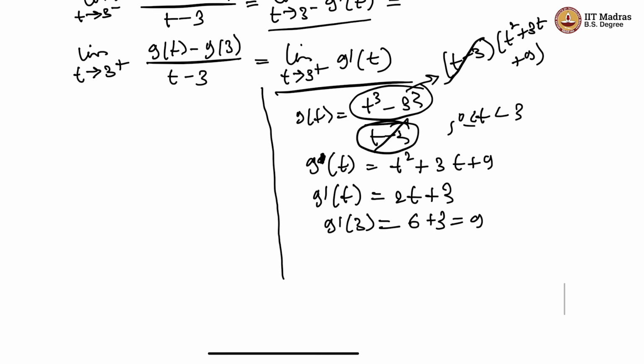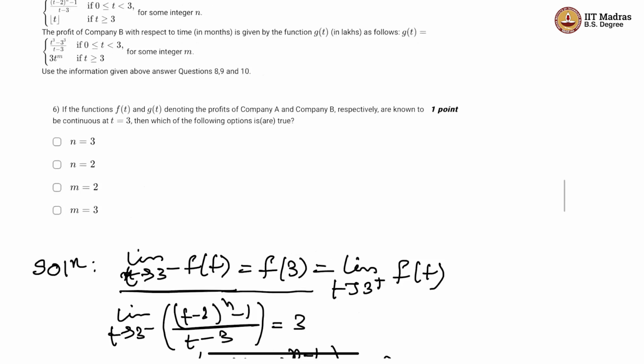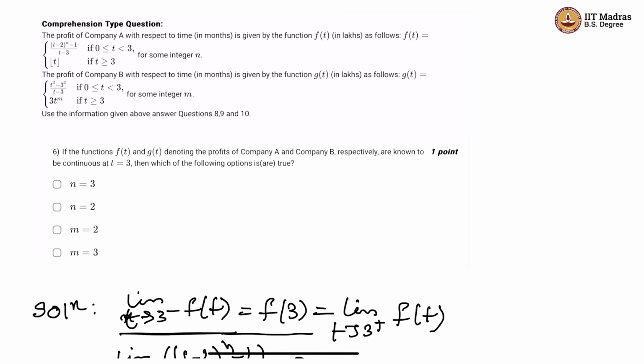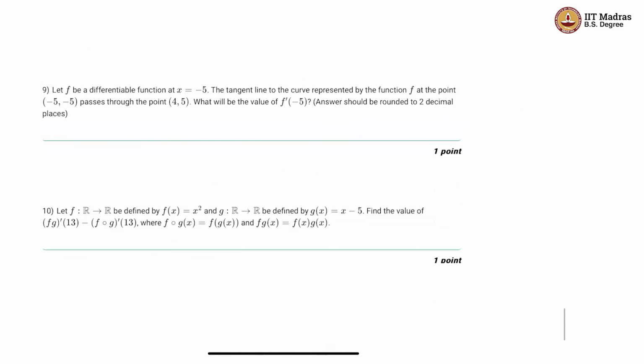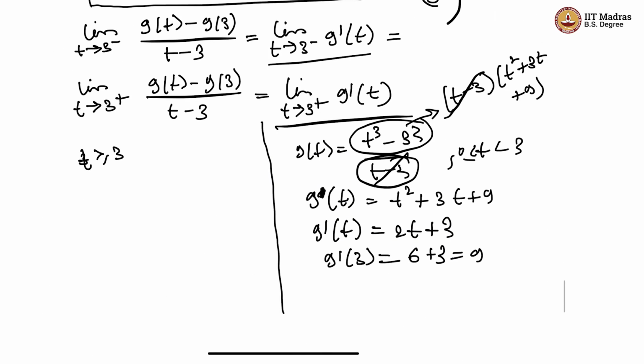Again, when t is greater than or equal to 3, what is the value of g? I can see that when t is greater than or equal to 3, the value of g is 3t power m, where m is equal to 2, that means this is basically 3t squared. Why is m equal to 2?